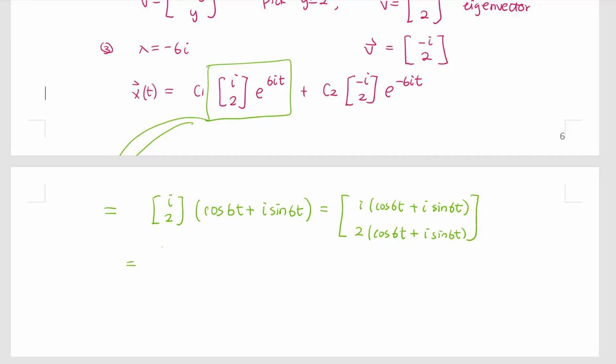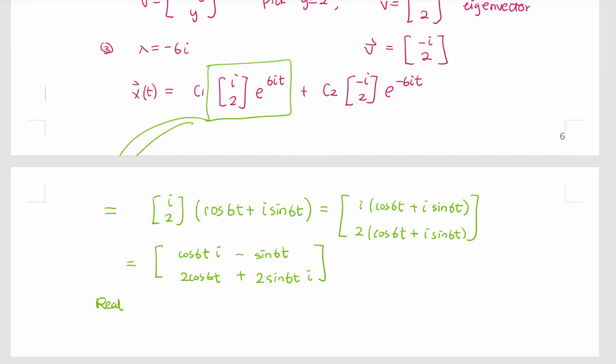Alright, so that is cosine 6t, i times i, negative 1, so negative sine 6t. 2 cosine 6t plus 2i, so we can put the i at the end, 2 sine 6t i. So what is the real part?